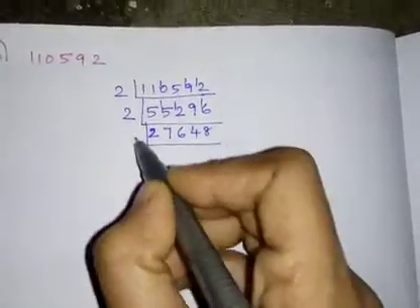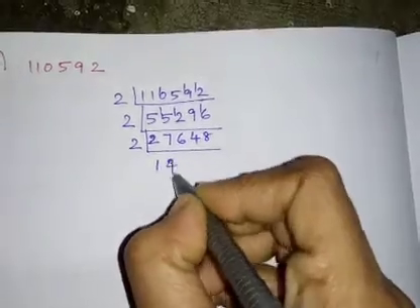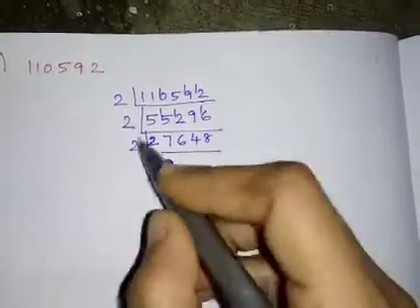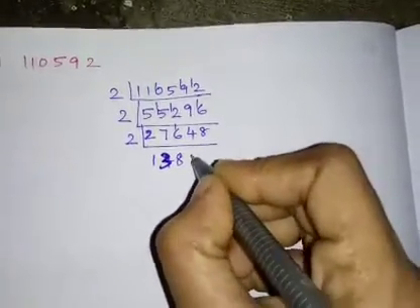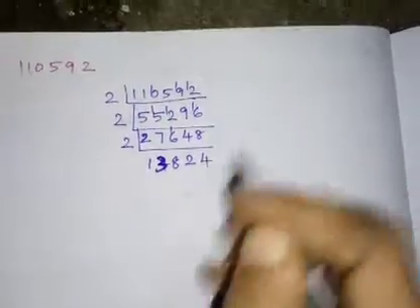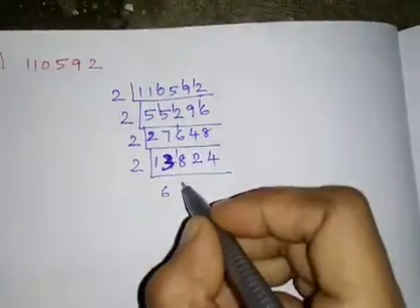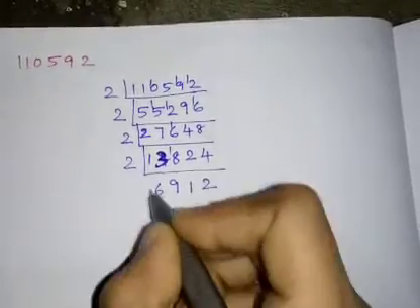Then again in 2 table, 2 1s are 2, then 2 3s are 6, remainder 1, 8 2s are 16, then 2 2s are 4, 2 4s are 8. Then in 2 table, 6 2s are 12, remainder 1, 9 2s are 18, then 2 1s are 2, 2 2s are 4.